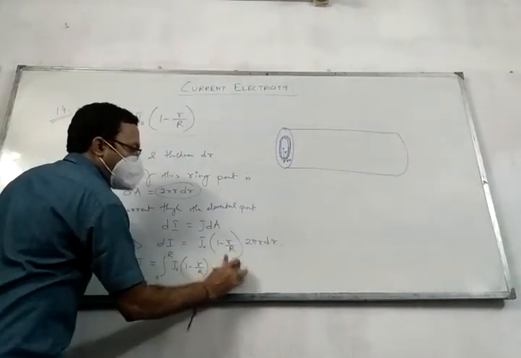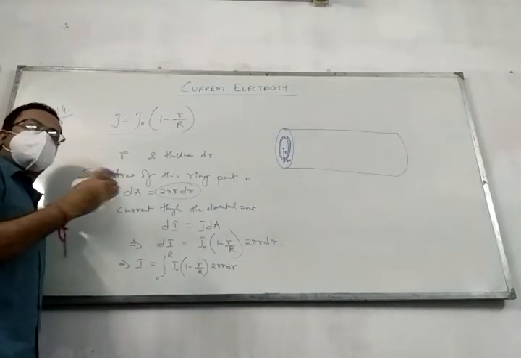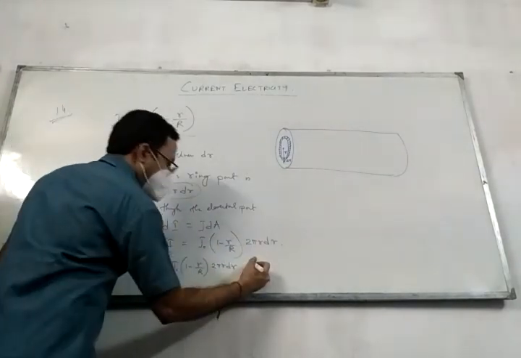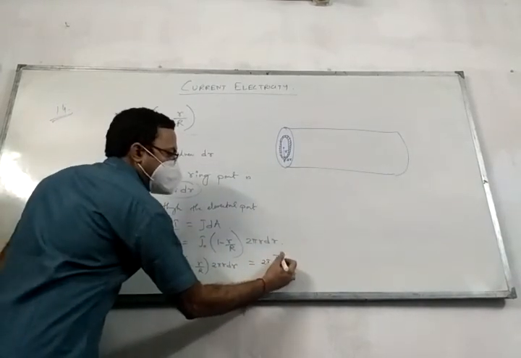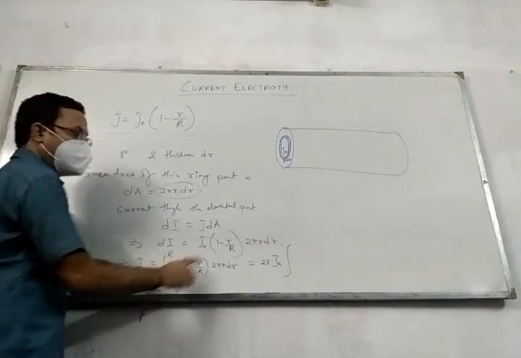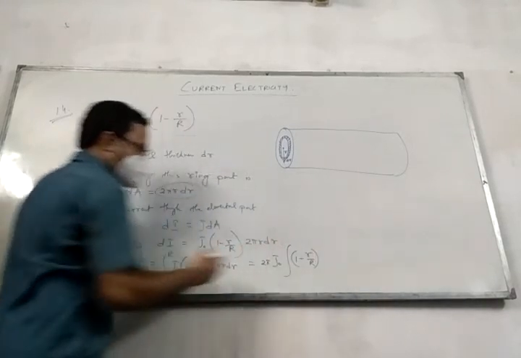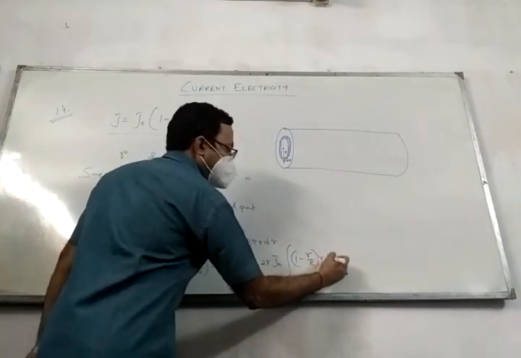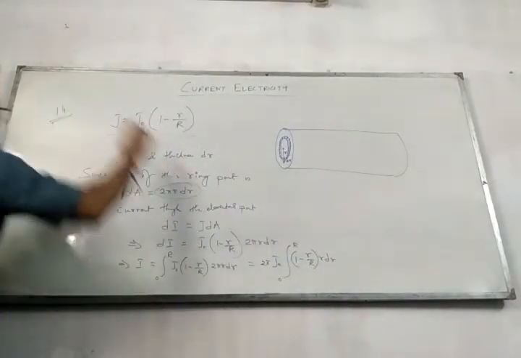Now, you know that for an integration, all the constants first come out of the integration. So 2 pi J naught will come out of the integration. Then what remains is 1 minus small r by capital R into r dr, from 0 to capital R, doing the integration above.